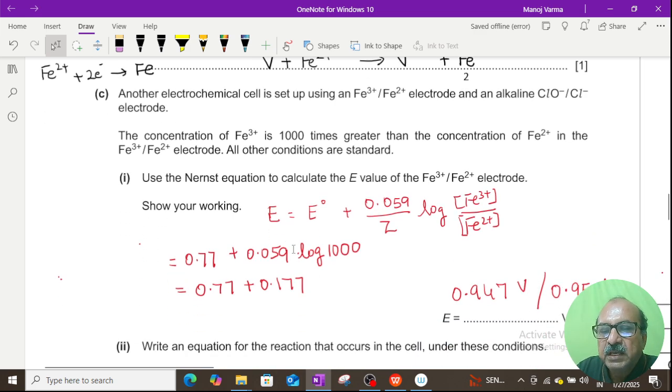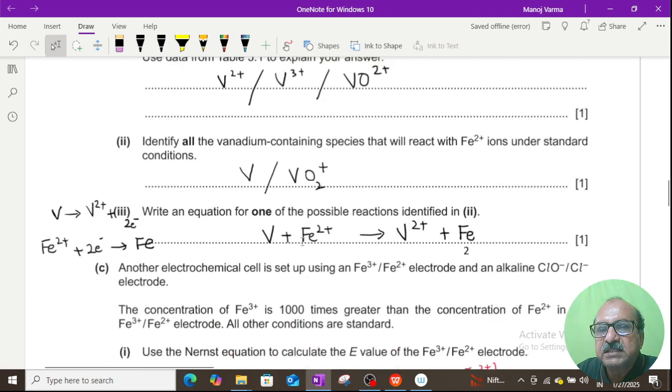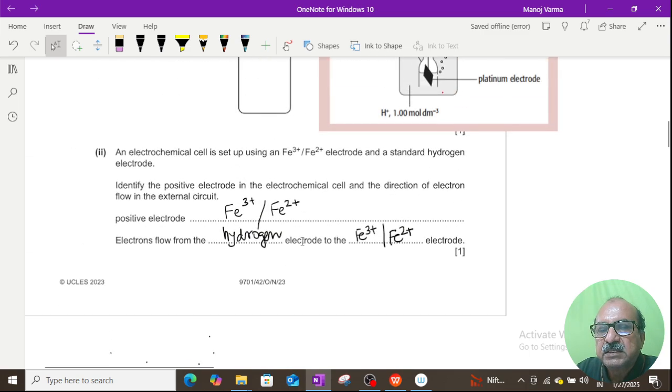So we have to remember the Nernst equation, which is this, and this is the oxidized form, this is the reduced form. The oxidized form is 1000 times greater, so this ratio is 1000. Put 1000 over here. The value of Z is 1 because there is only one electron involved in this reaction, and the standard electrode potential for this electrode is 0.77, as you already see over here.